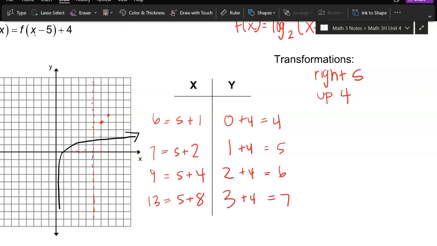And then 13's off the graph. All right, so we are looking like this. That we shifted to the right 5 and up 4.